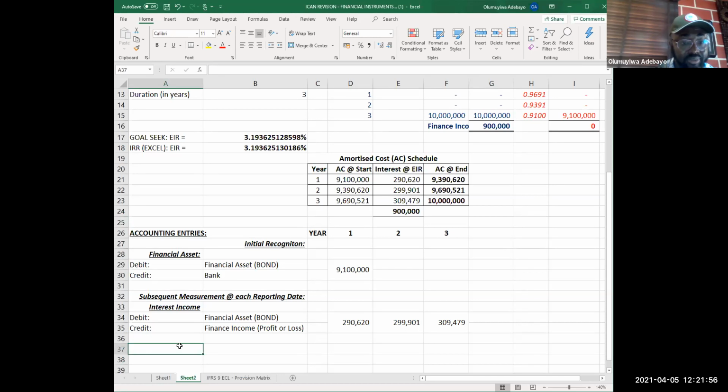And upon settlement or maturity, what happens?